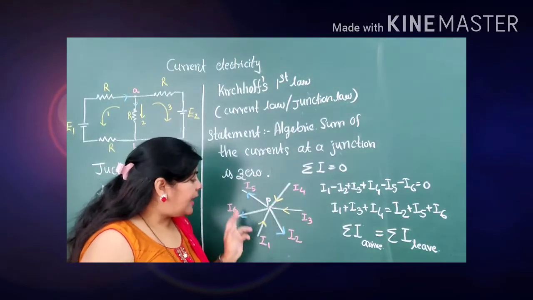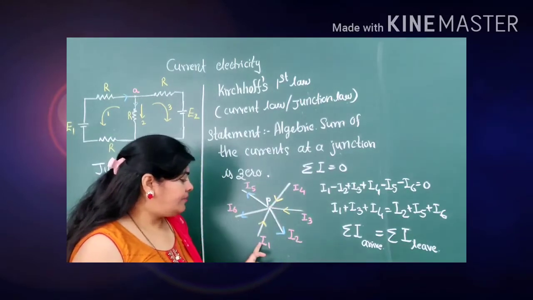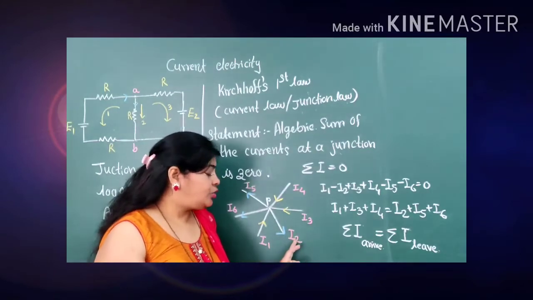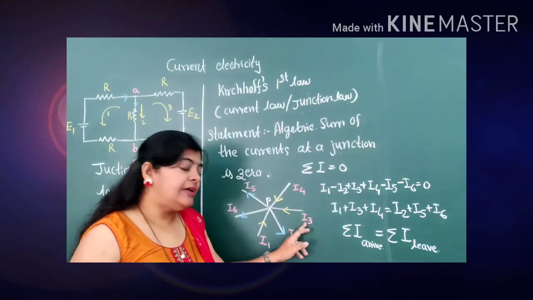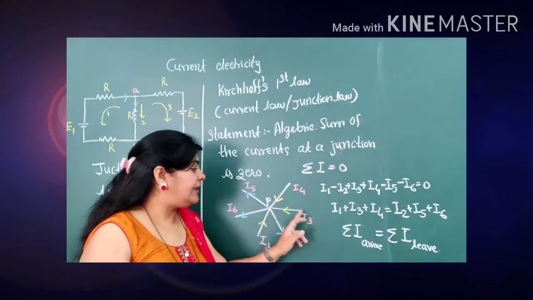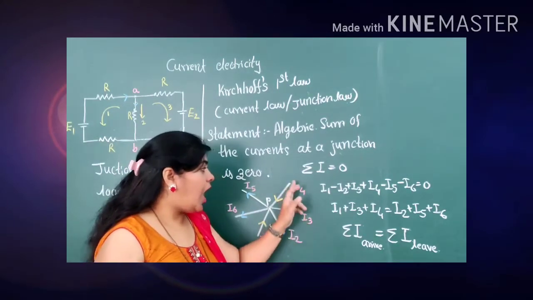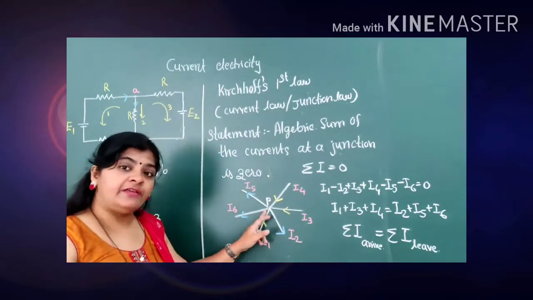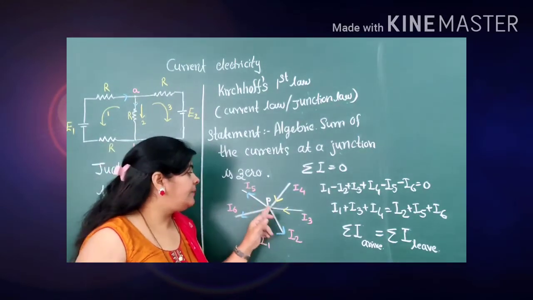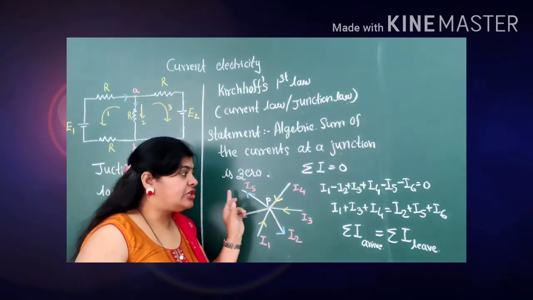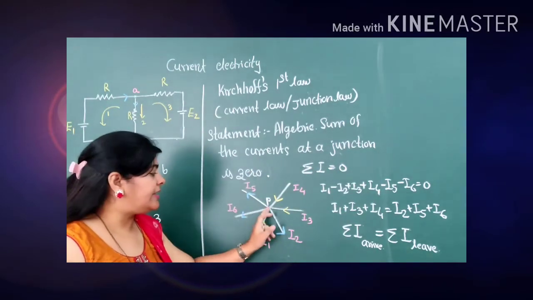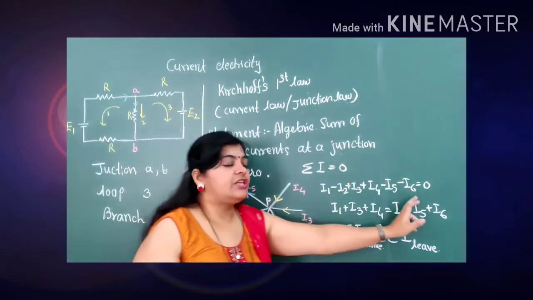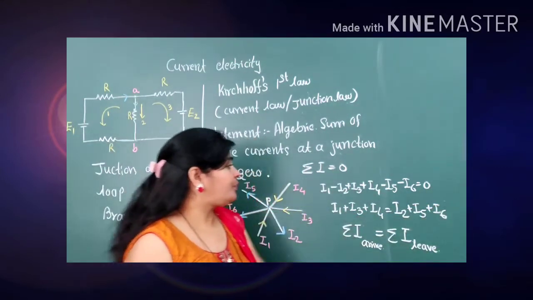I1 has a positive sign, I2 which is leaving the junction is taken as negative, I3 arriving is positive, I4 arriving is positive, I5 leaving is negative, and I6 leaving is negative, which is equal to 0.